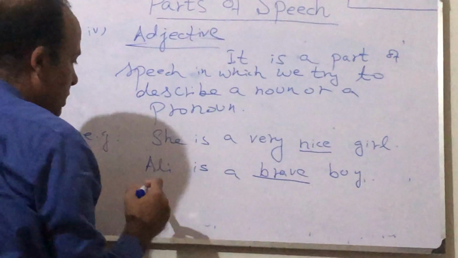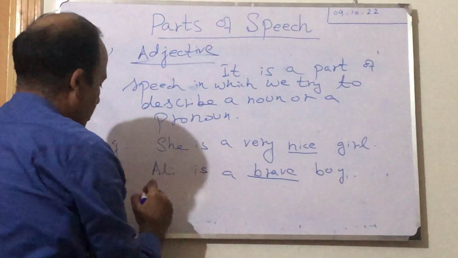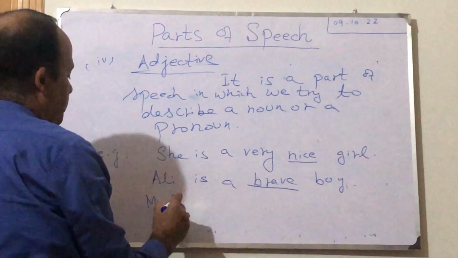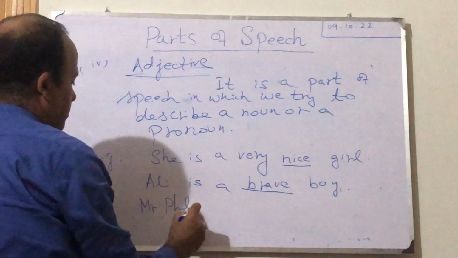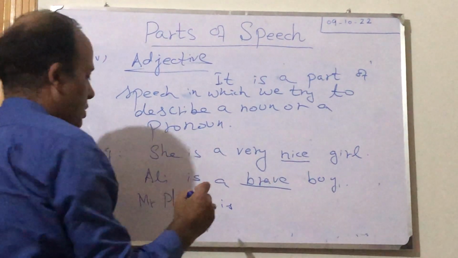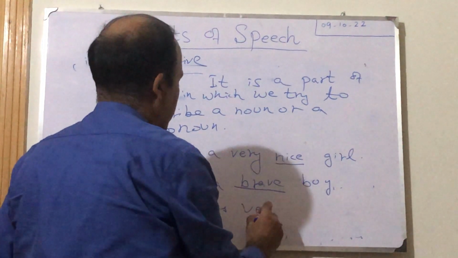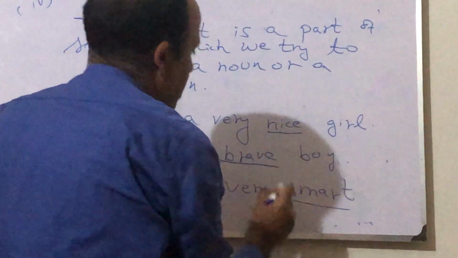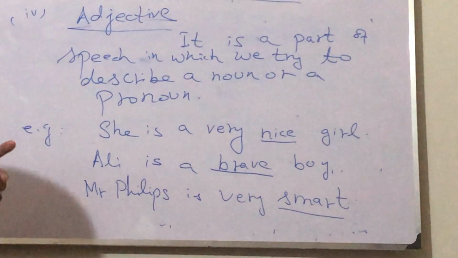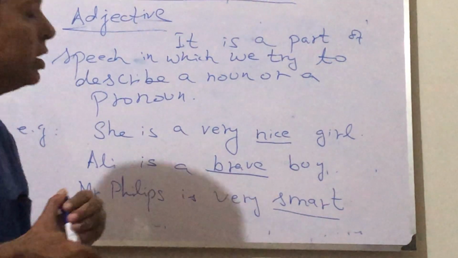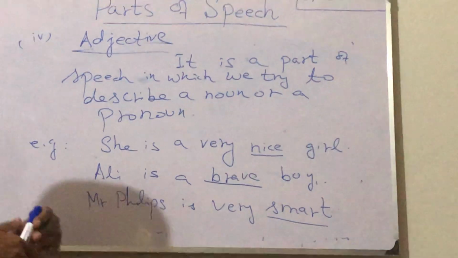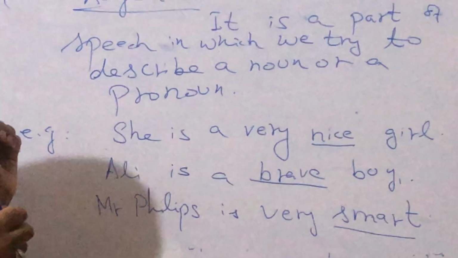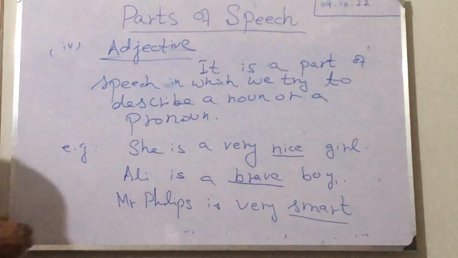Third example is Mr. Phillips is very smart. So smart is an adjective. There are so many adjectives like beautiful, smart, intelligent, crazy, nice, sweet, and so on and so forth. Alright? So this is something about adjectives.